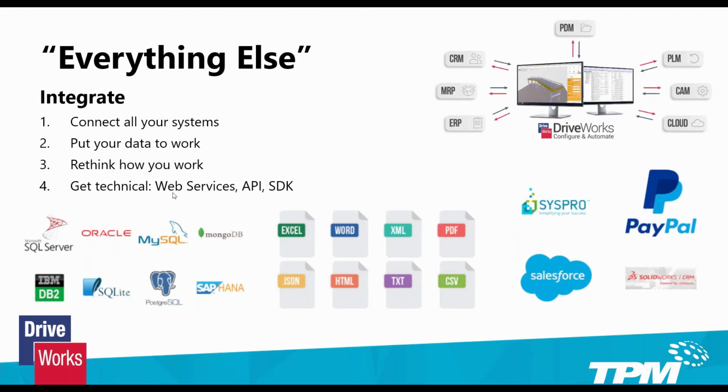We can start to use web services, APIs, and then there are some packages that DriveWorks has already developed a plugin for, for an even more direct integration. But we do have use cases of integrating DriveWorks with all manner of ERP out there. So I'm not sure if the question was referring to the CPQ template.